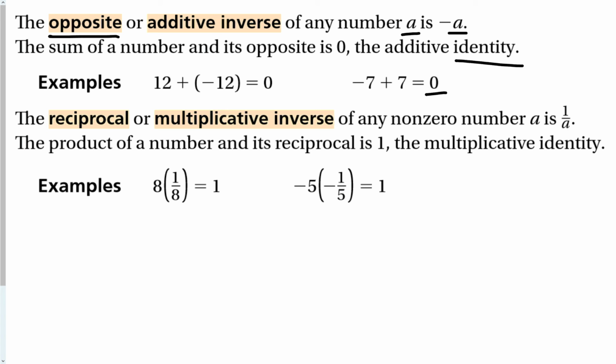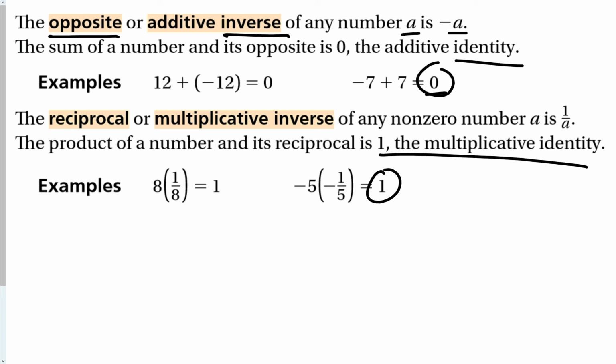Okay, so here are the two important things: inverses and identities. Inverses are the thing that you can add or multiply with to give you the identity. The additive identity is 0 because when you add 0 to something, nothing happens. The multiplicative identity is 1 because when you multiply 1 to something, nothing happens.